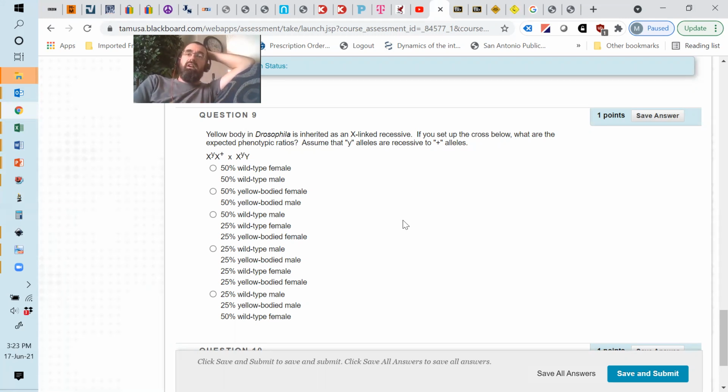And so the other fly is a male, and for its sole X chromosome, it has a recessive allele. This is the key point. That fly, the male, will be yellow bodied because there's no second X chromosome that may contain a wild type allele to mask that recessive allele.